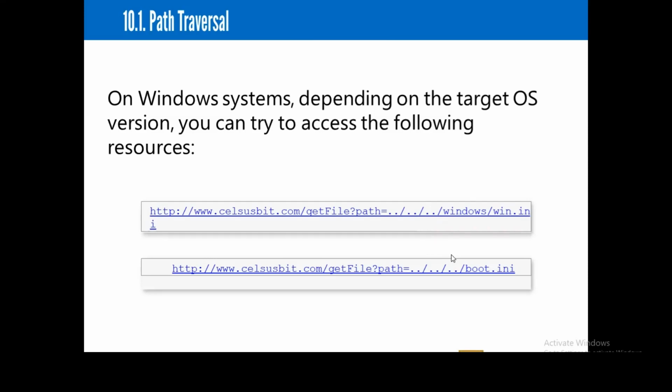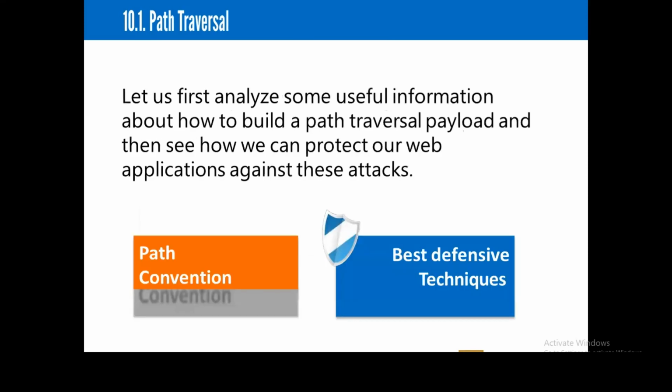I think for this, because we've done so well on how to use the OS module in Python, you can use your Python scripting to navigate that. Now let's analyze some useful information about how to build a path traversal payload, and then see how we can protect our web application against this attack.